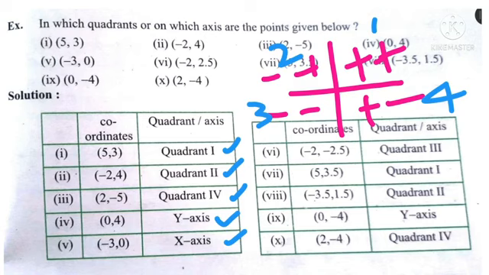Minus 2, minus 2.5, both are negative, third quadrant. 5, 2.3, both are positive, means first quadrant. Minus 3.5, 1.5, negative positive means second quadrant. 0, minus 4, one coordinate is 0, so it lies on the y axis. 2, minus 4, plus minus means it lies in the fourth quadrant.